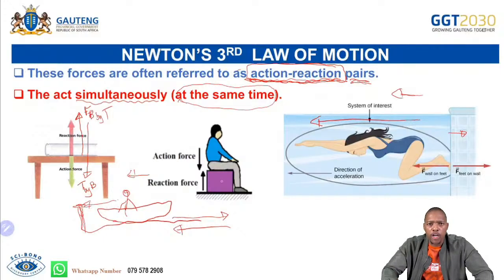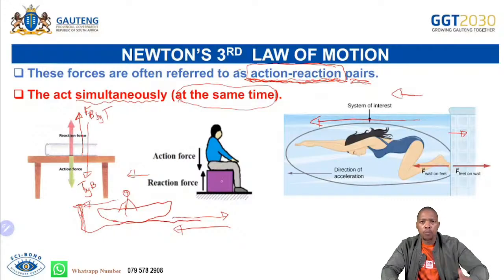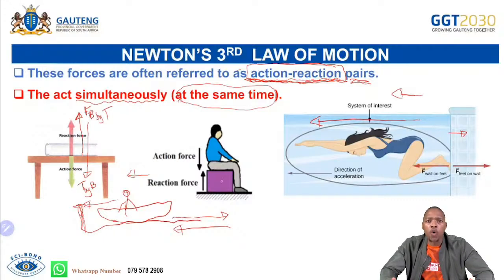To push you in the opposite direction. Then you can move. So that's Newton's third law in application right there. Newton's third law allows us to push ourselves in a different direction by applying a force on object A, knowing exactly that object A will apply a force back on us.